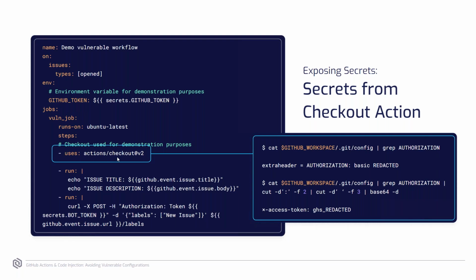Also, when we are cloning a repository, we're also saving the credentials in the .git/config file. So if the attacker, when executing his code, wants to extract the GitHub token, he could fetch this .git/config file. And after he base64 decodes it, he will get the exact GitHub token, which he could use for his malicious purposes.